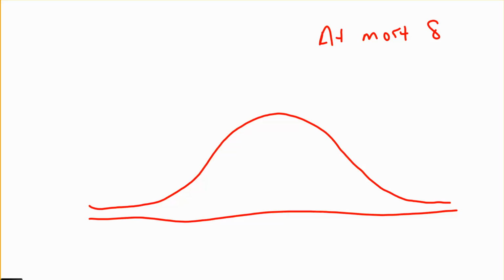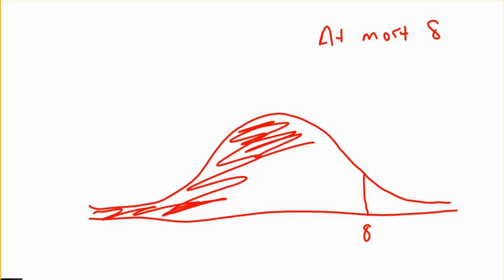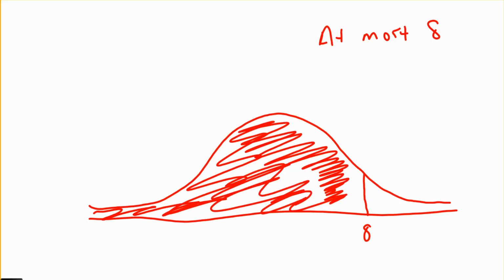So if here's 8, and we're going to include 8, and at most means everything left of it, are we going to take this shaded graph and stop at 7.5? Or are we going to go all the way to 8.5? And the answer is, since we want to include 8, we've got to go to 8.5. So we'd be all the way over to here. So at most 8 would be everything from 8.5 and everything left.